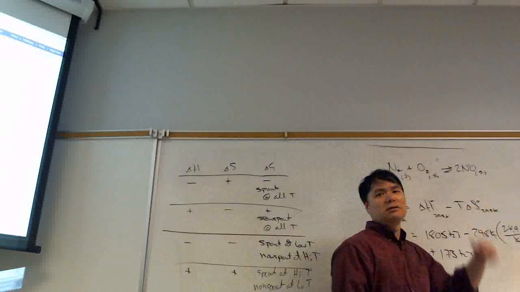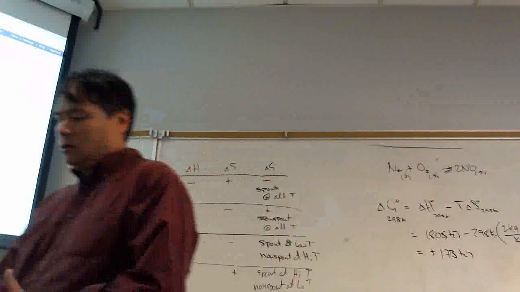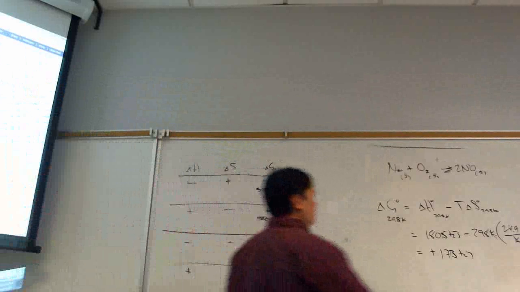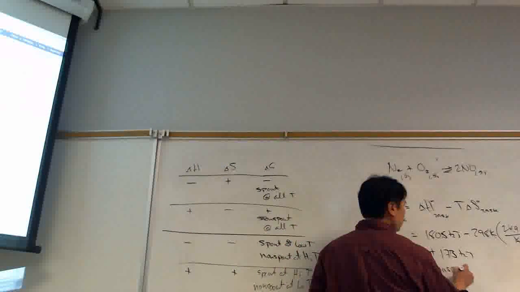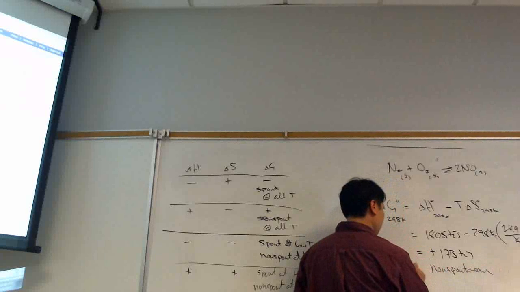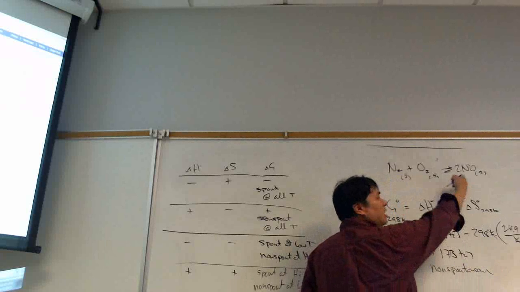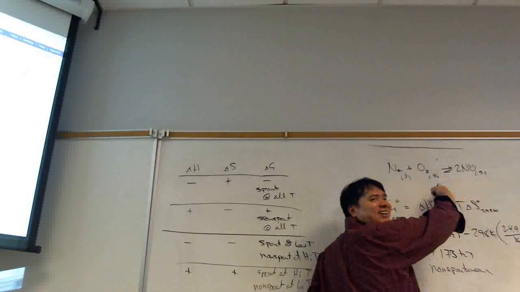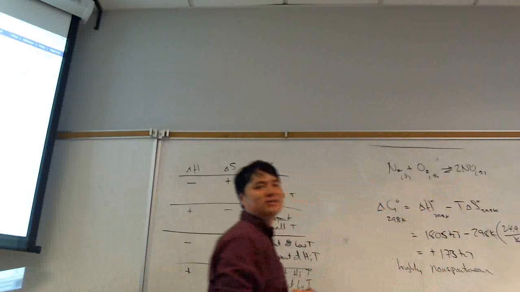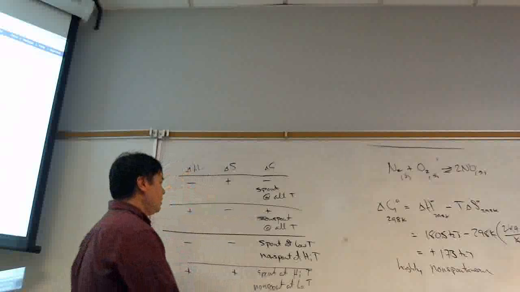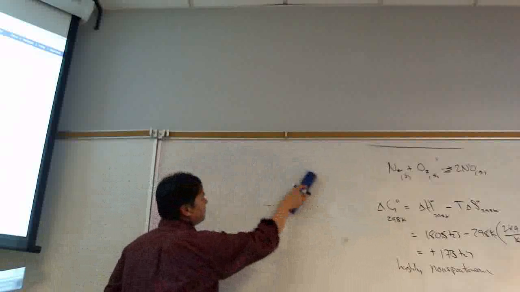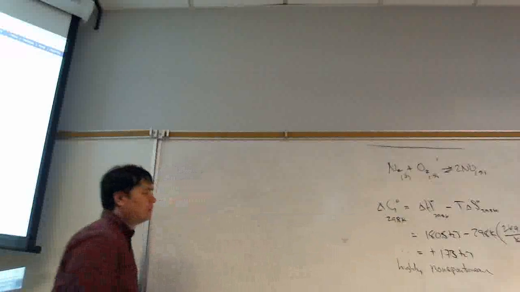So this is highly non-spontaneous, which is good because NO is toxic. We don't want to be breathing a lot of NO in this room as we're just sitting here. It's a colorless gas, rapidly oxidized to NO2, which is a brown gas. But this is highly non-spontaneous.